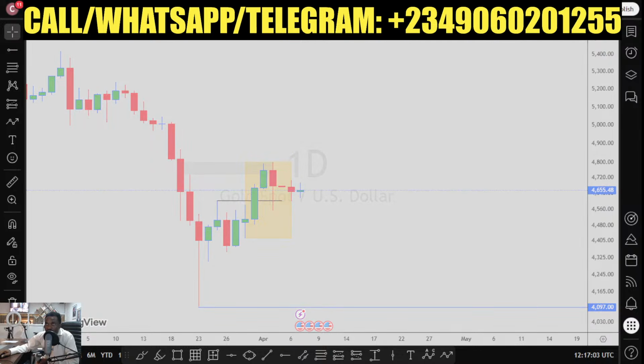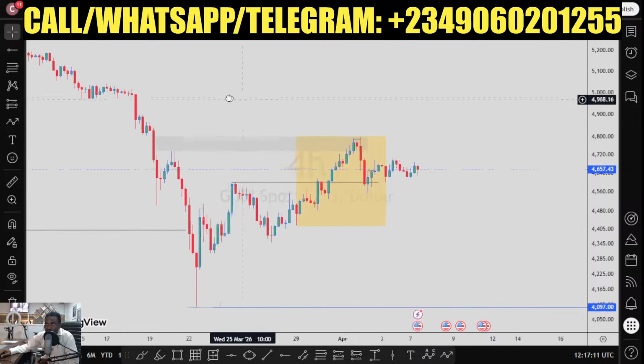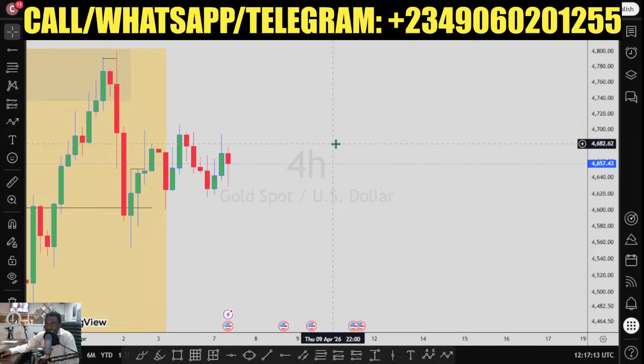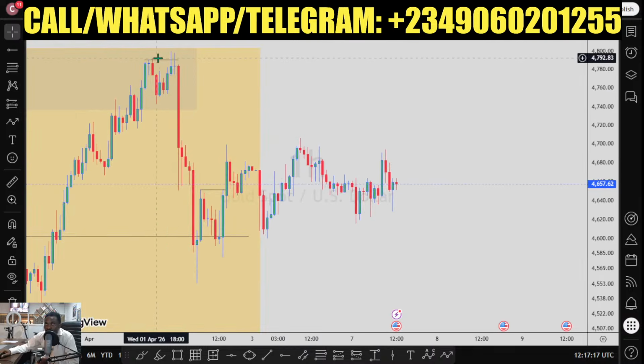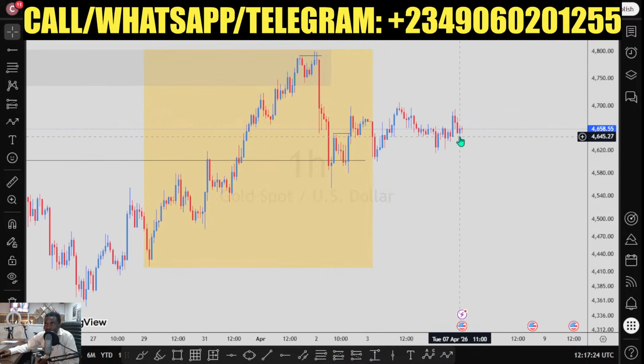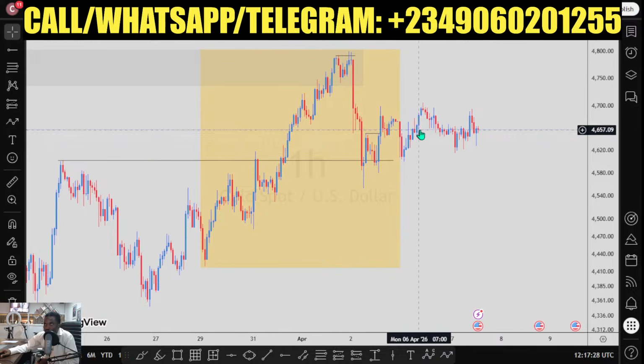On the 4-hour chart we are still having a kind of sideways market structure. We are yet to see anything reasonable or tangible. On the 1-hour chart, nothing yet. We can see a very choppy market structure.